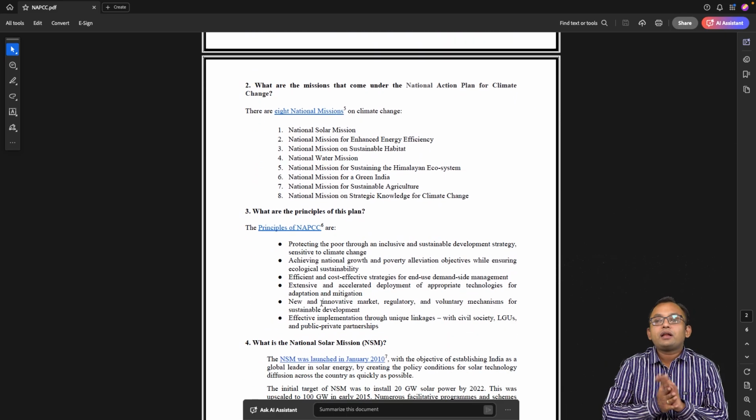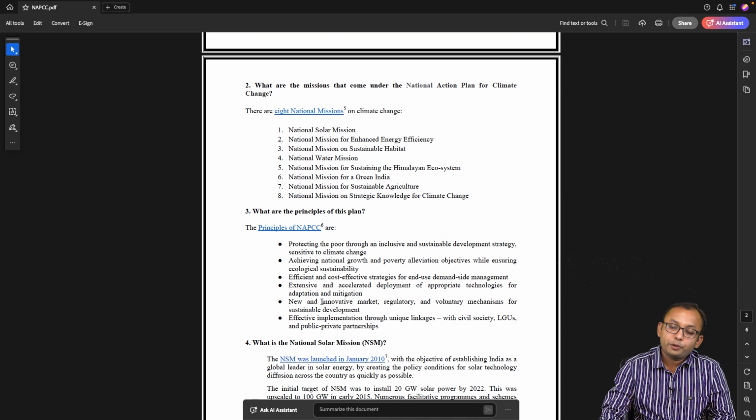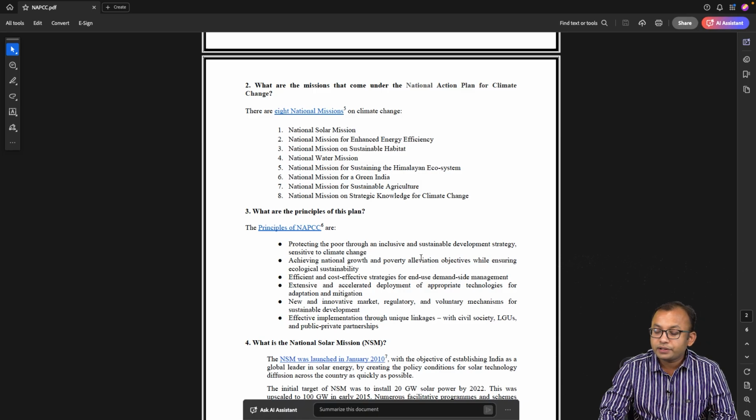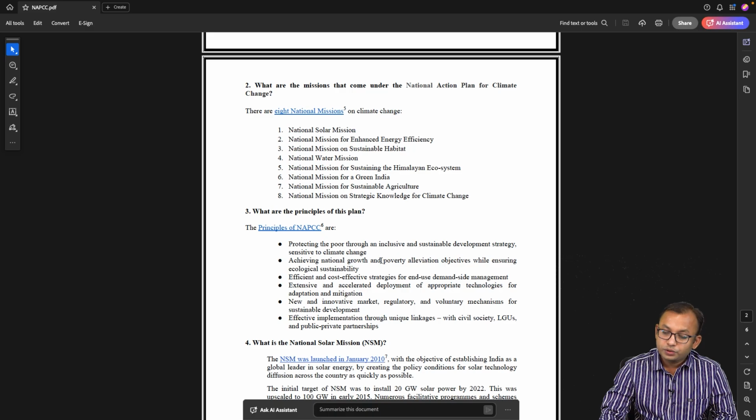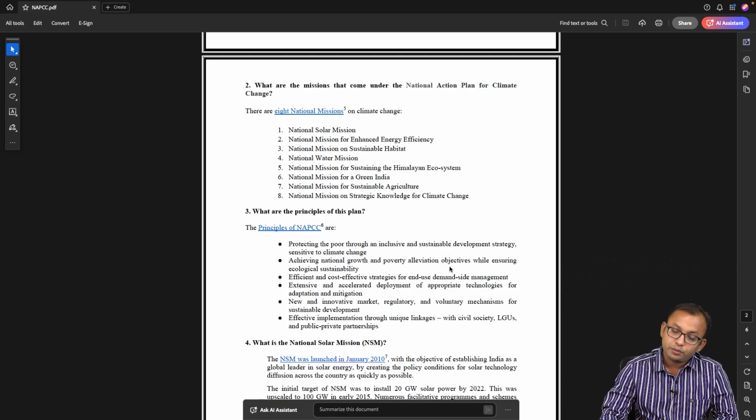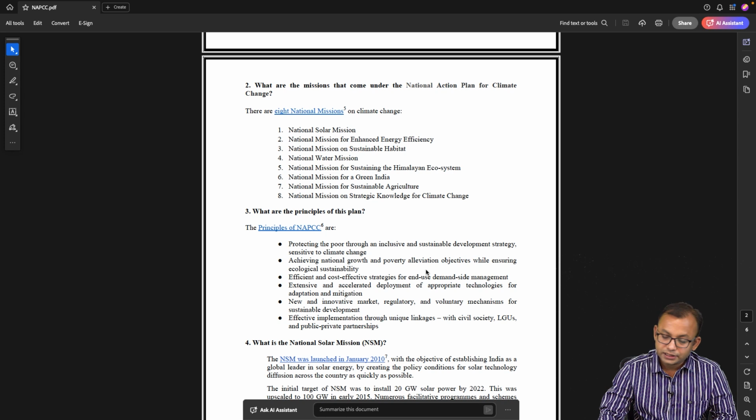What are the principles of these plans? Primarily protecting the poor through inclusive and sustainable development strategies sensitive to climate change. Then achieving national growth and poverty alleviation objectives, because if we do not have those components, we will not be able to deal with climate change very effectively.